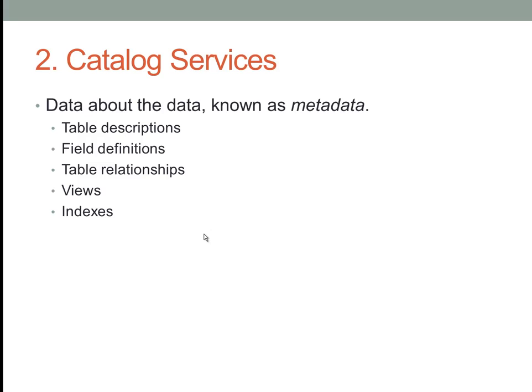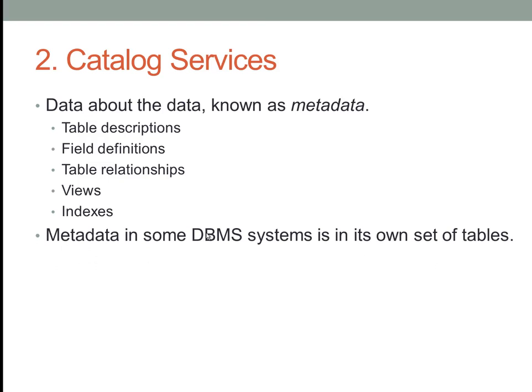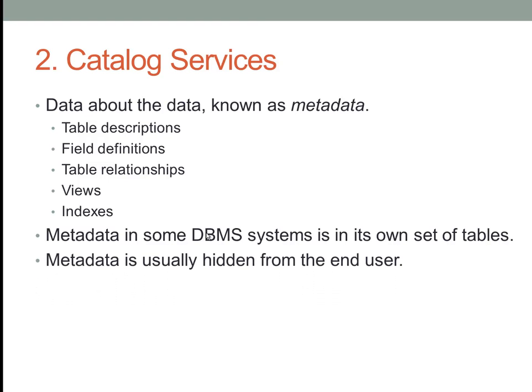So basically, in a good database, especially in a big enterprise database system, the catalog is a set of tables about the tables. The catalog is where the information about all of the table designs is stored. The metadata is definitely hidden from the end user. Only the programmer and the database administrator actually have the ability to see the metadata.